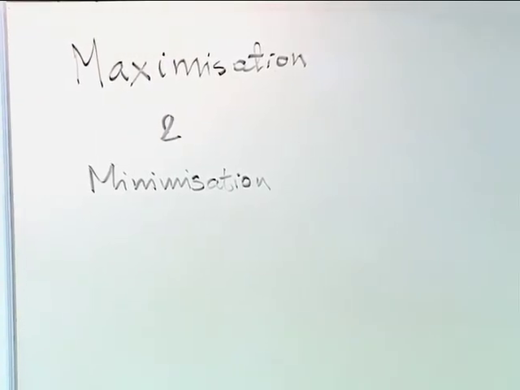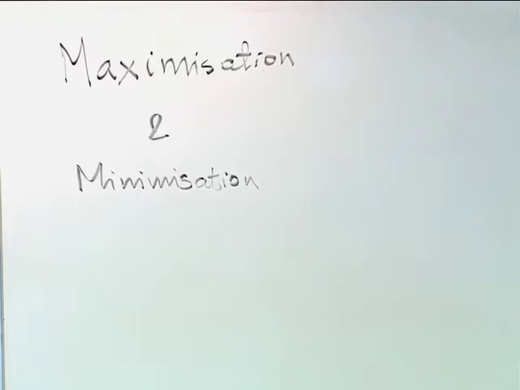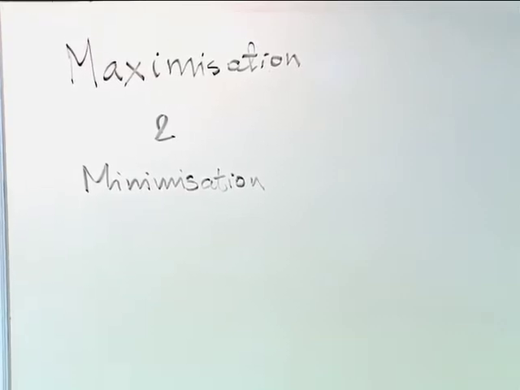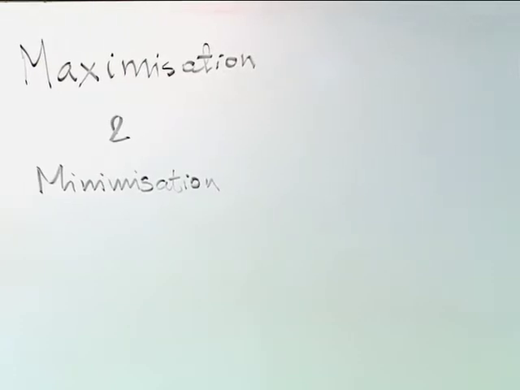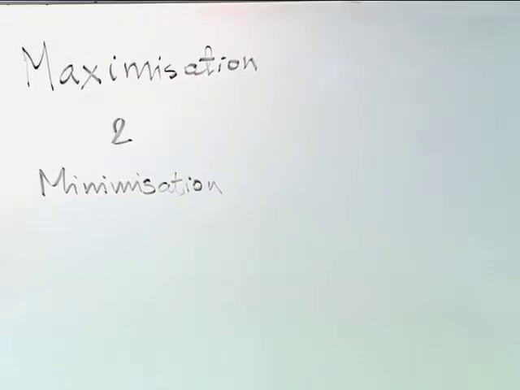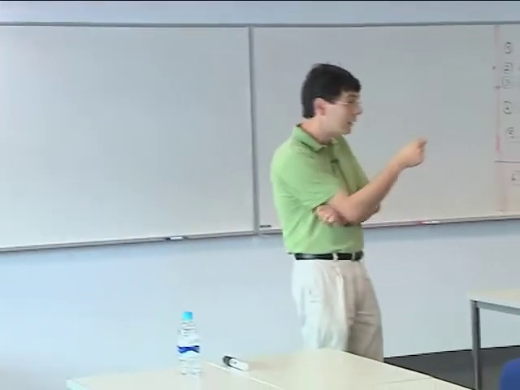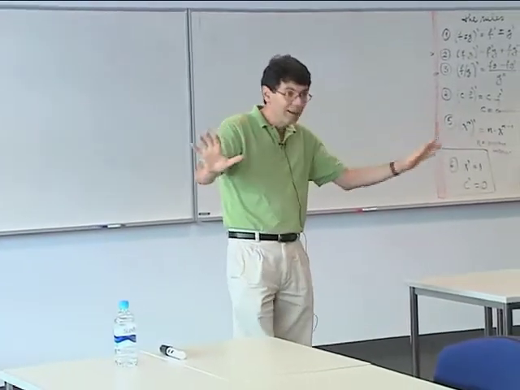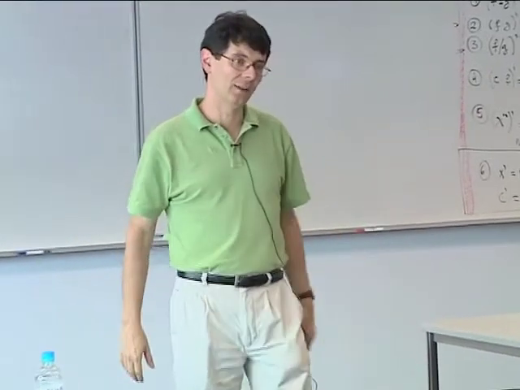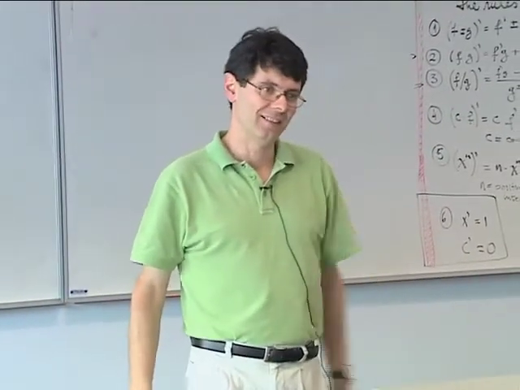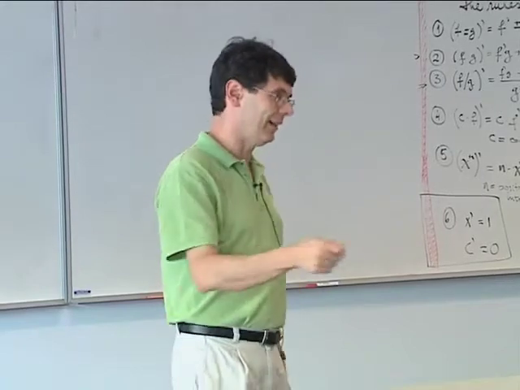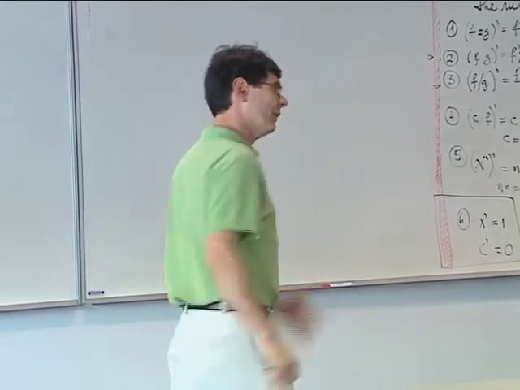In this life, we often want to maximize or minimize quantities. You want to get the maximum amount of candy for your dollar. You should give $5 to my son and say, go and buy some candy. And he spends quite some time in front of it, trying to get the most candy for $5 that he can get. Maximization is like that. Me, I try to minimize calories with the same $5.